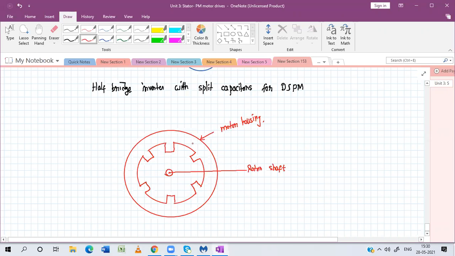Now here a slotted disc is put. This is nothing but a slotted disc. Now on this slotted disc, the optocoupler is attached here.